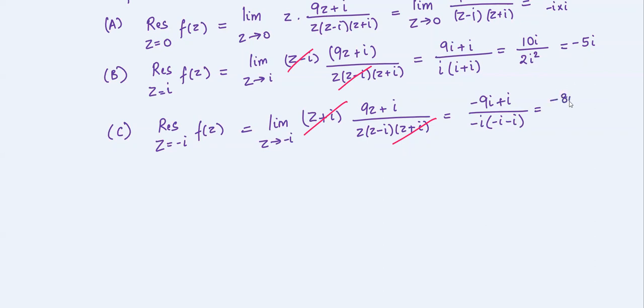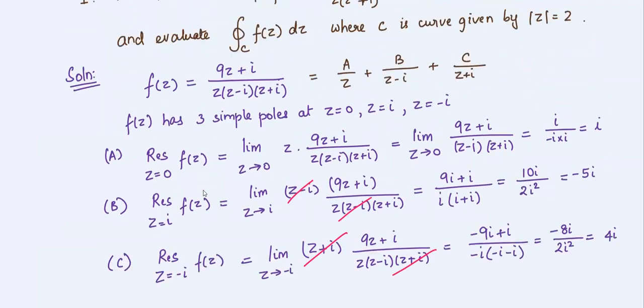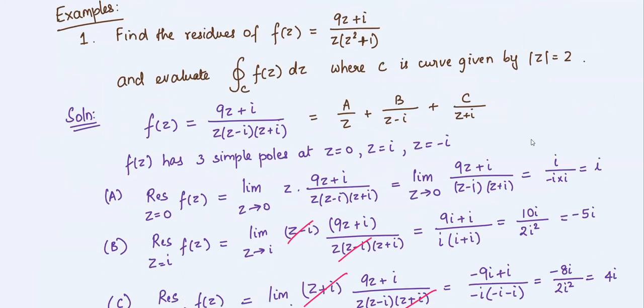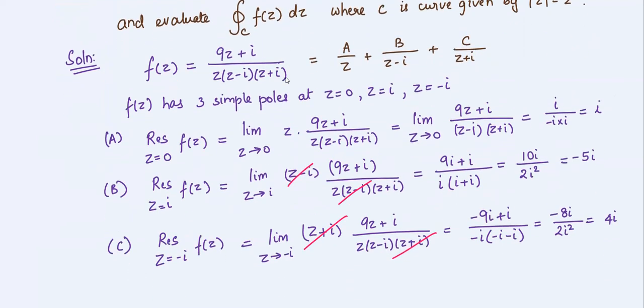So this is minus 8i by 2i square. I square will be minus 1. So we get 4i. So we found three residues for this.